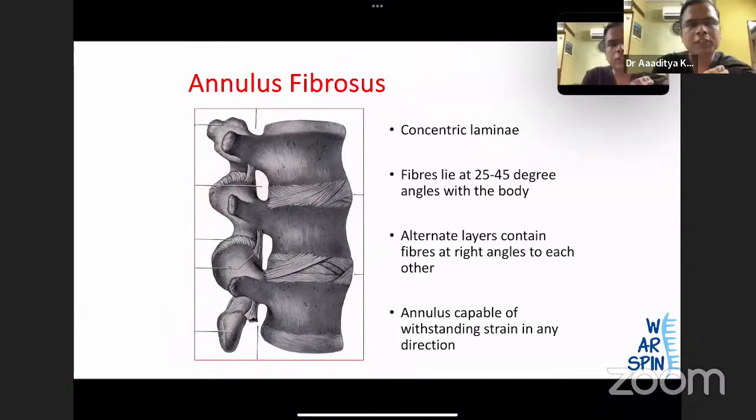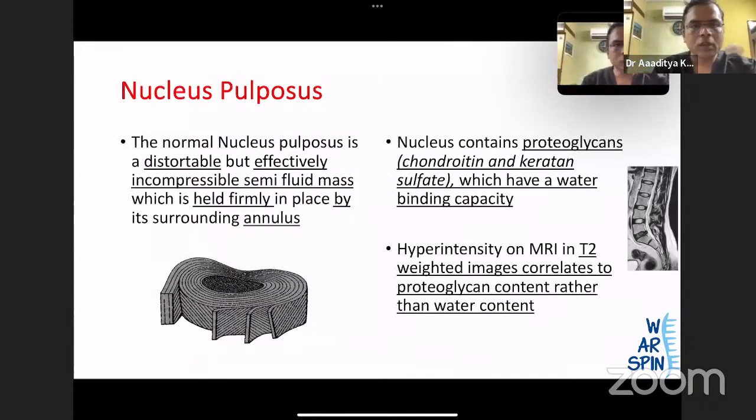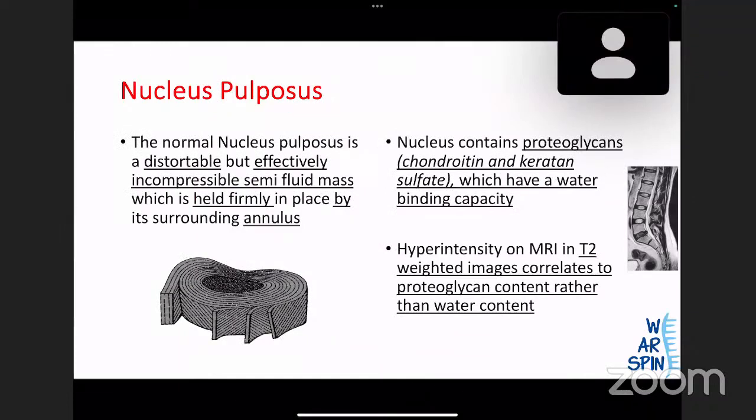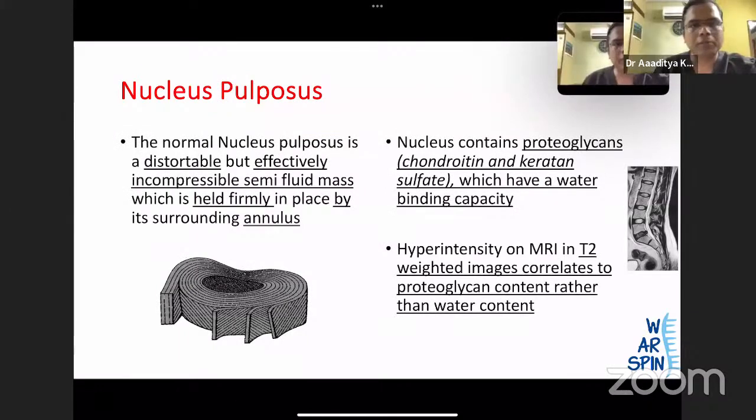So the annulus fibrosus, which is on the periphery of the disc, is located in multiple layers, alternate layers at right angles to each other, and this annulus is capable of withstanding any kind of strain in any direction. Next. The nucleus pulposus, which is in the center, is a distortable but effectively incompressible semi-fluid mass which is held firmly in place by the surrounding annulus.